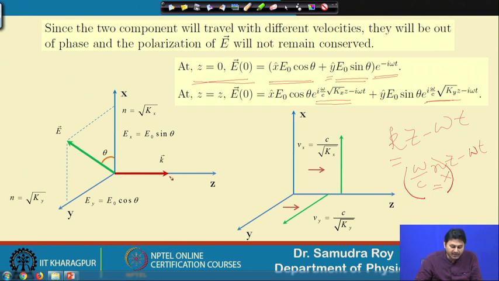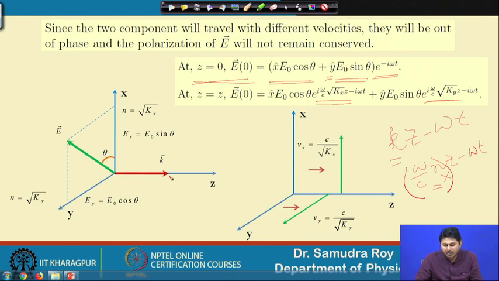But we find that for arbitrary orientation, the polarization of the electric field will not remain conserved. That means the polarization will change, and why is that?